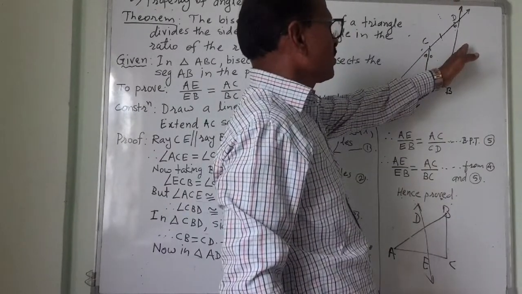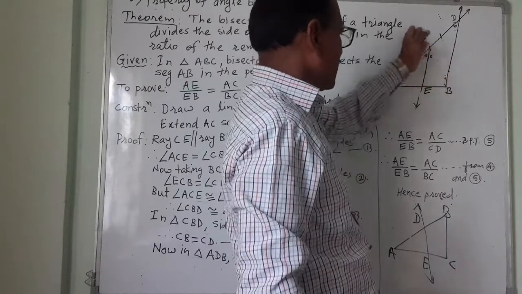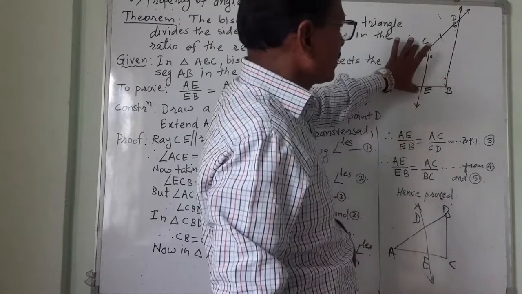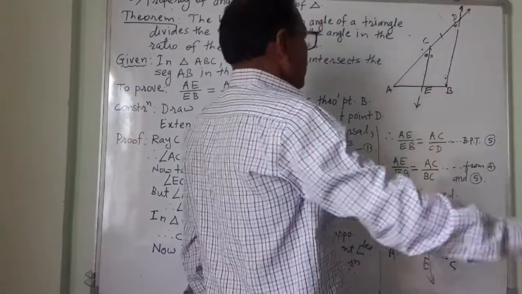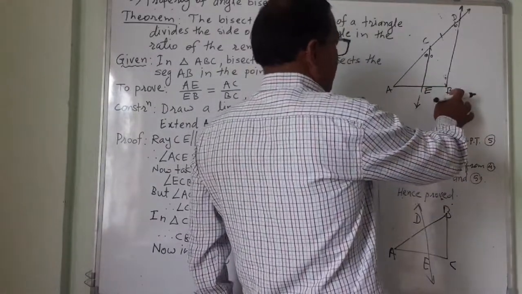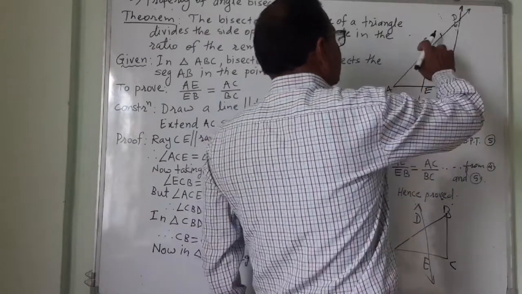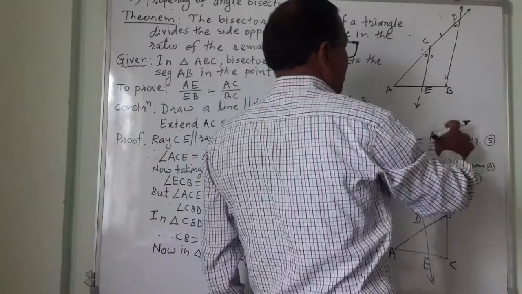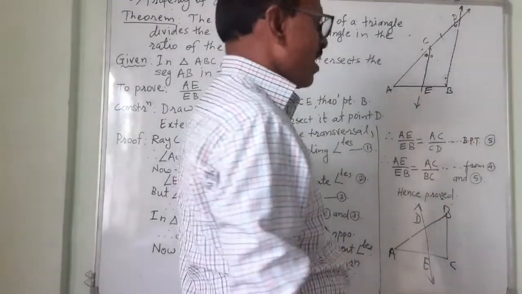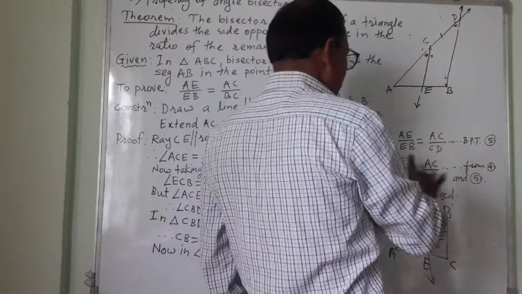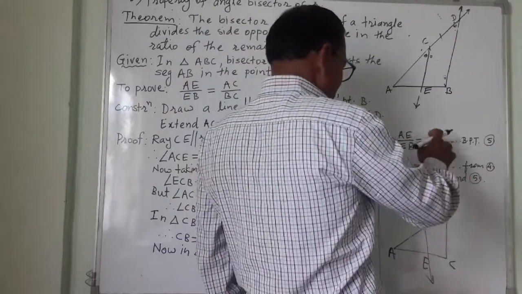What is basic proportionality theorem? If a line parallel to a side intersects the other two sides in two distinct points, then it divides those sides in the equal proportion. So AE upon EB is equal to AC upon CD by BPT. This is number 5. So AE upon EB is equal to AC.